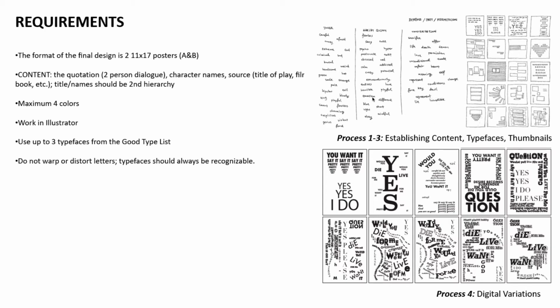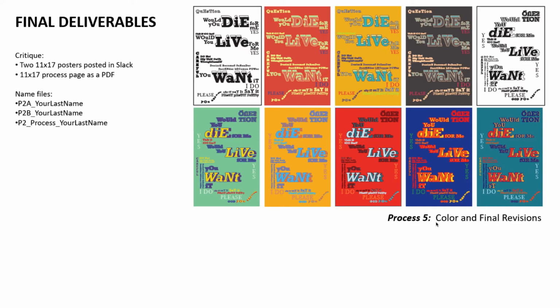So establishing content, finding the typeface, doing thumbnails, and then you'll do a process 4, so you'll do digital variations. And then process 5, you'll do color and final revisions. And I'll do another video talking about these a little bit more.